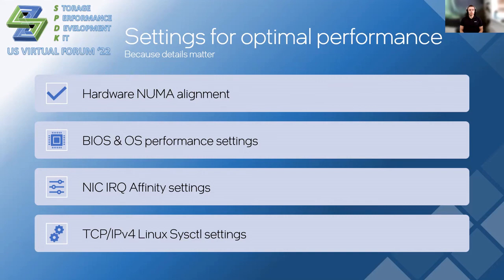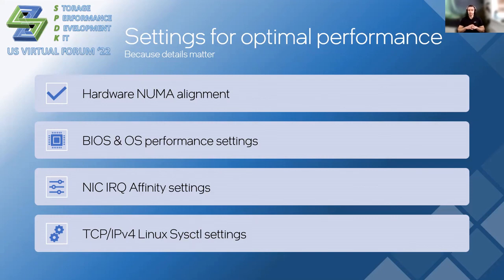Now, most common for all 3 tested storage models are BIOS and OS performance settings and doing hardware NUMA alignment. Now, the first one is pretty straightforward, as it's just about putting the system used in the test into a full performance mode.